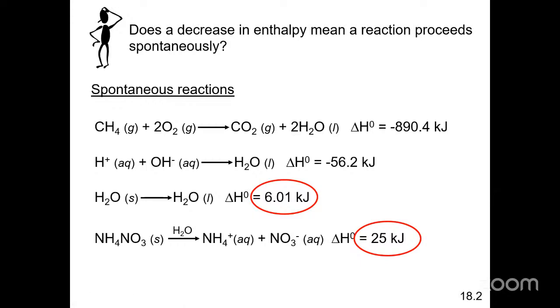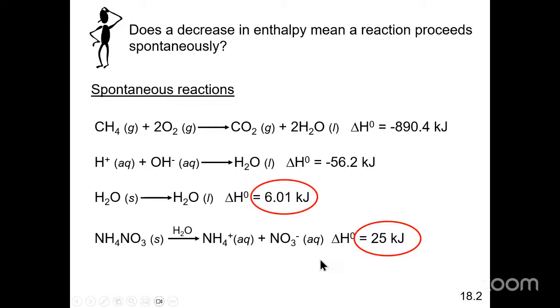So these are the two things that are observed when it comes to spontaneous reactions. They're either very exothermic, or they're endothermic, but the delta H value is small and positive, all right?